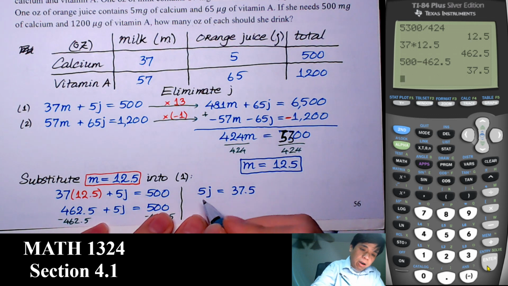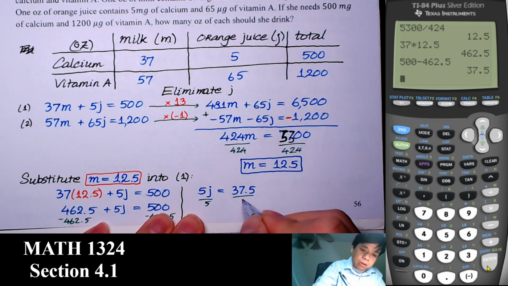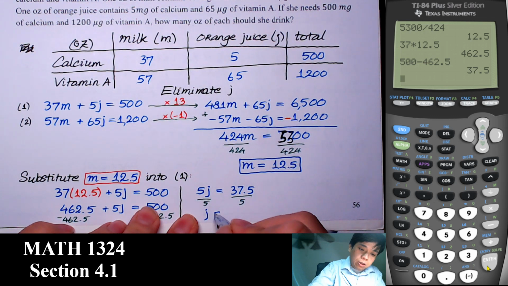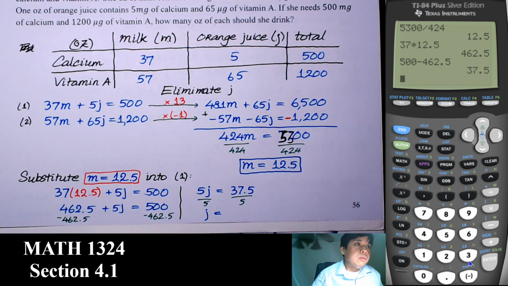So divide by 5 on both sides. So j is 37.5 divided by 5, which is 7.5.